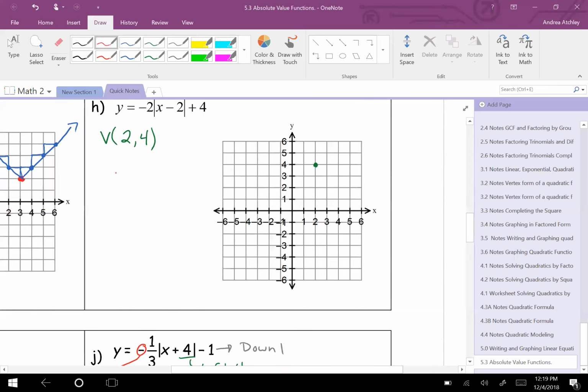And class, our A value? -2. So it's going to be down 2, but still right and left 1. So down 2, right 1, down 2, left 1. Down 2, right 1, down 2, left 1.